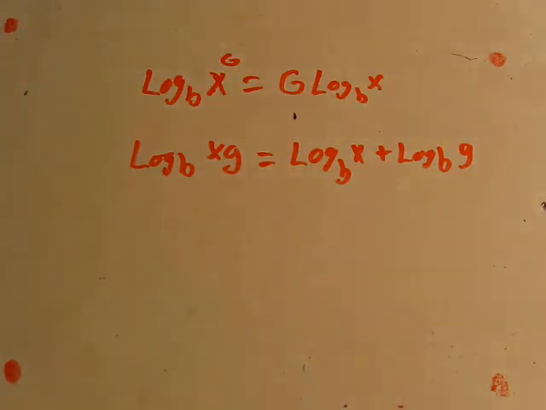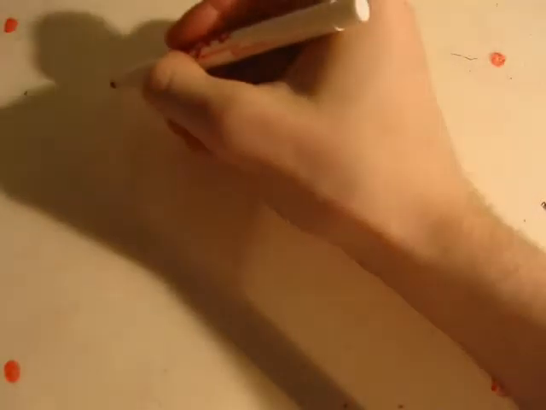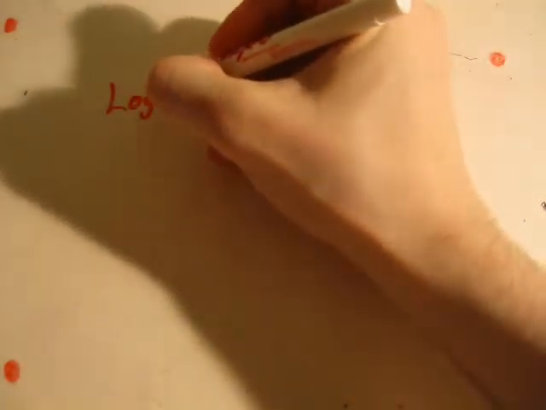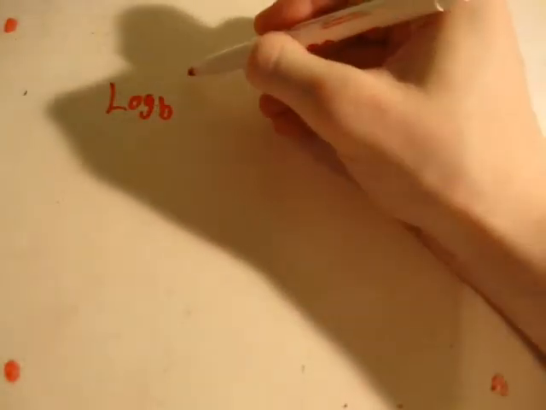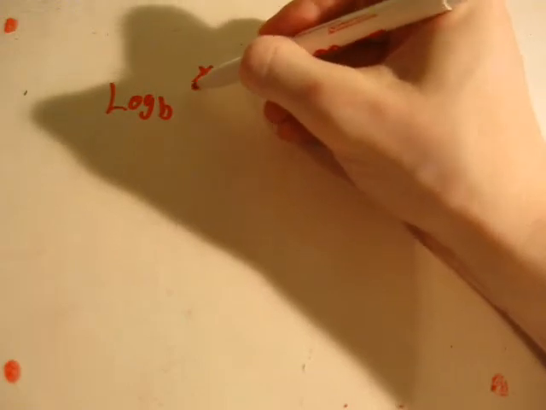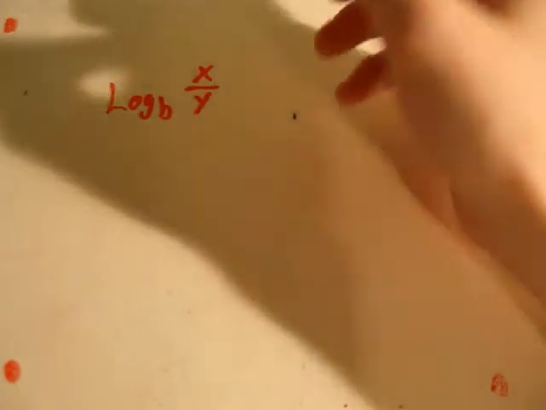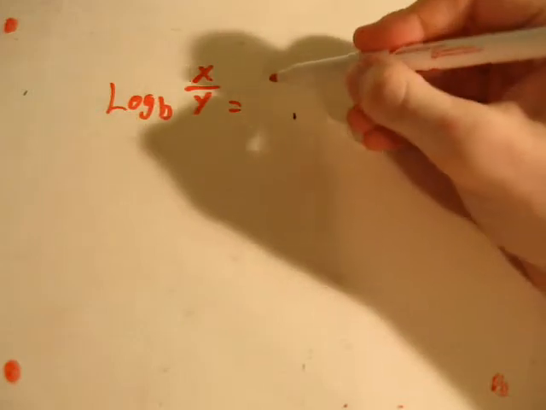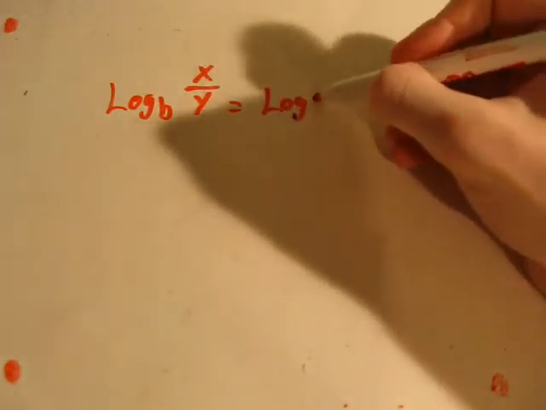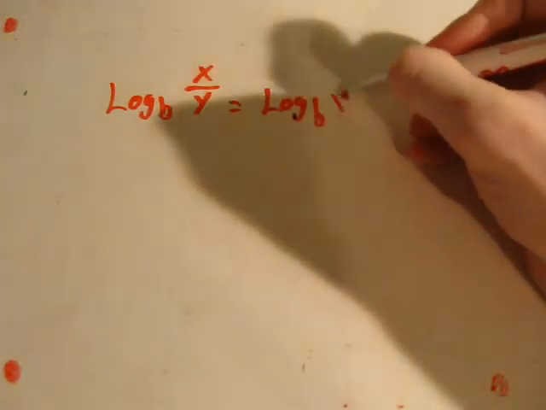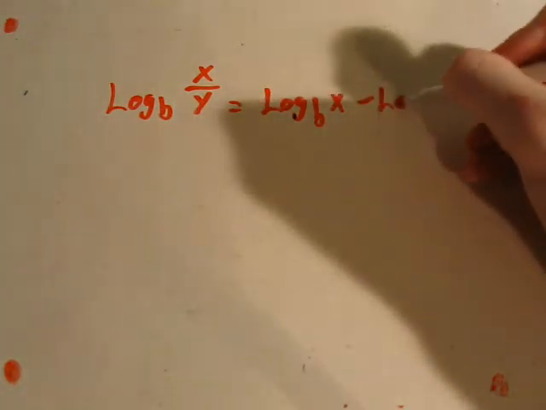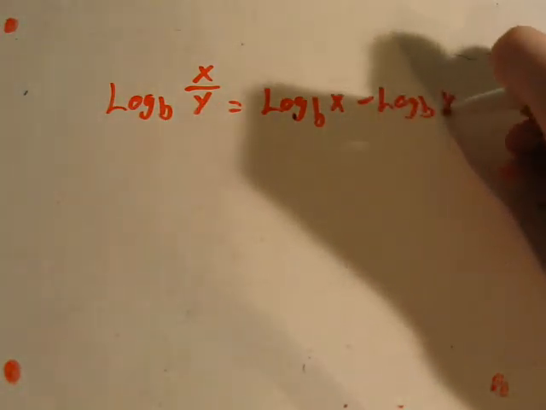Now, you've also got another set of properties. If you've got a log to a base b where there's a number over another number, this becomes the logarithm base b of x minus the logarithm base b of y.